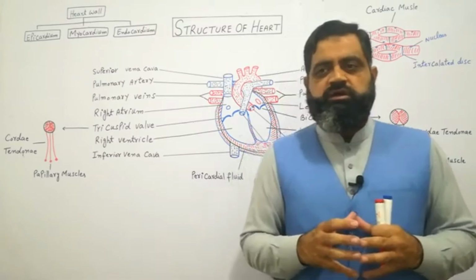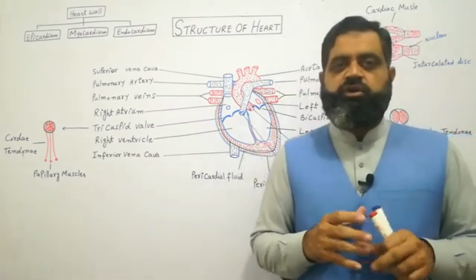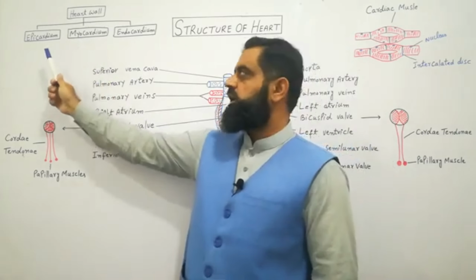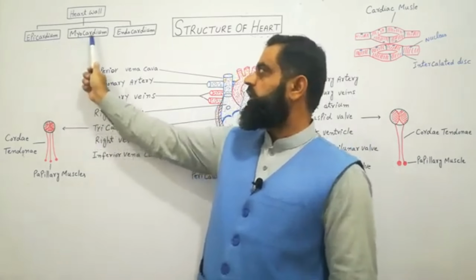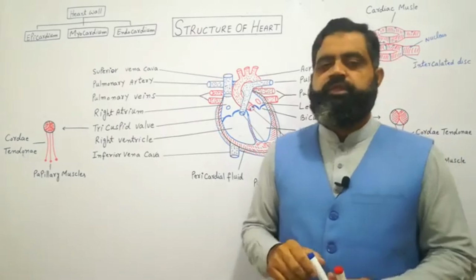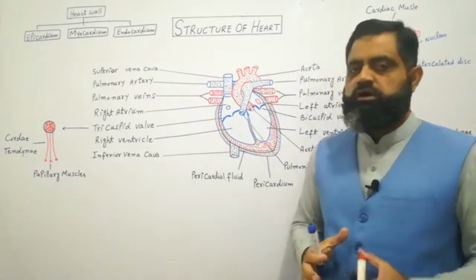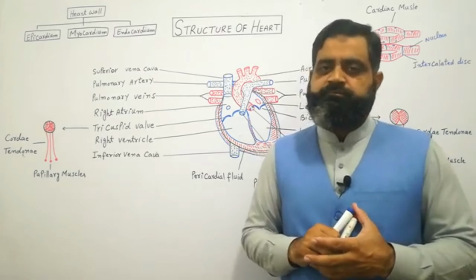If we look at the structure, our heart wall is made up of three types of tissues: epicardium, myocardium and endocardium. Epicardium is the outermost layer of our heart.